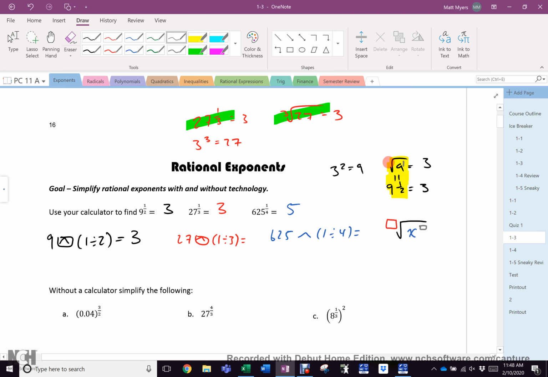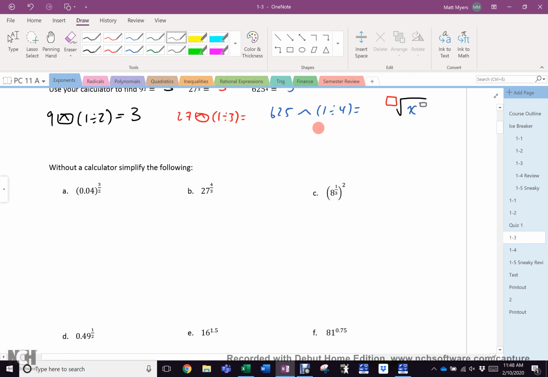And this little number out here should have a 2, shouldn't it? And this 27 should have a 1. And this 3 has a 3. So all of you should be able to put together something that you already know, that x to the m over n equals the n root of x to the m power.